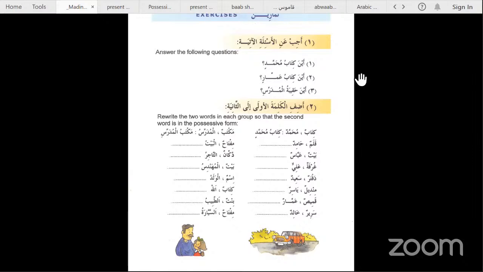Next one. أين حقيبة المدرس؟ Translation. Okay, so الكتاب على المكتب. I want to say it's on the bed. هو No, على, one second. Remember what I said as well.